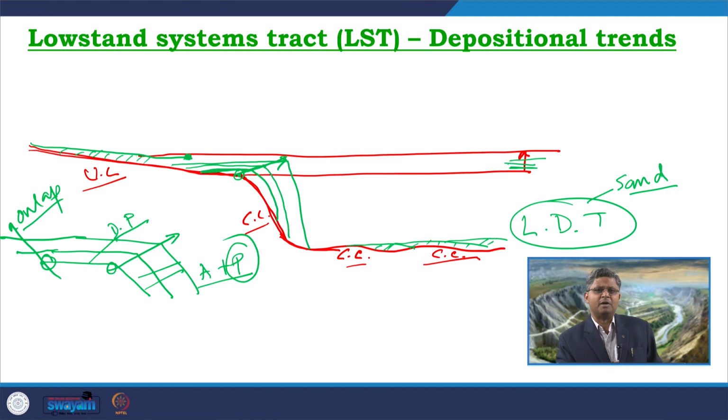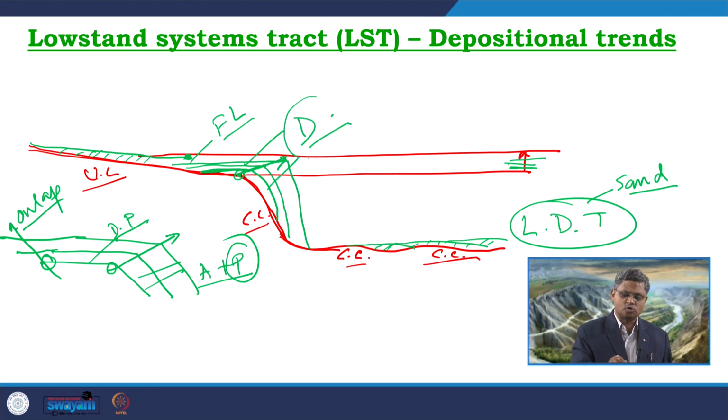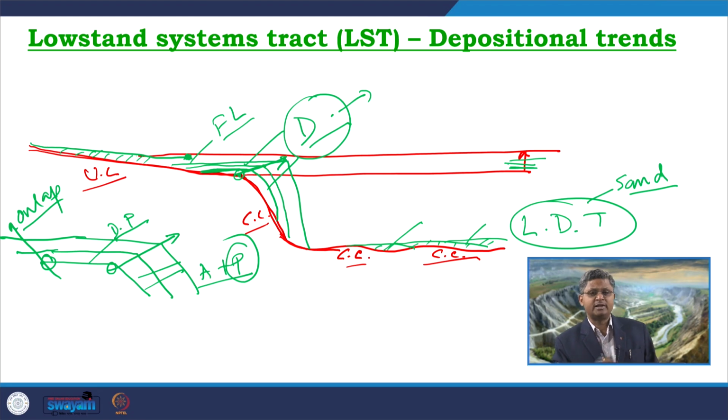So, during the LST, this phase of normal regression at the end of the maximum amount of fall, when the base level starts turning around, at that phase we expect deposition going on in terms of a fluvial component over here, in terms of a deltaic component over here, which is associated with the coastal area as well as the shelf area, and we expect deposition in this deeper part of the basin in the form of again some stacked fan, where the constituent flow is the low density turbidity current which deposits sand again.